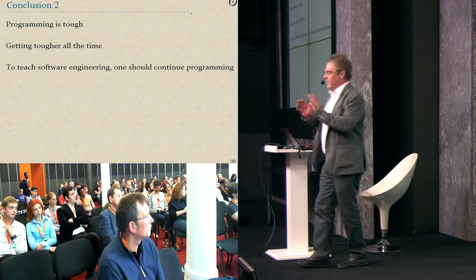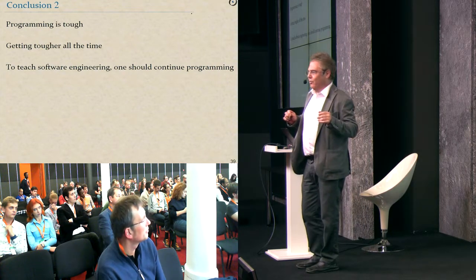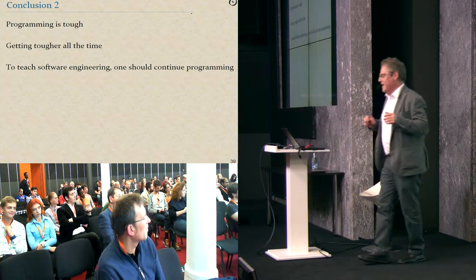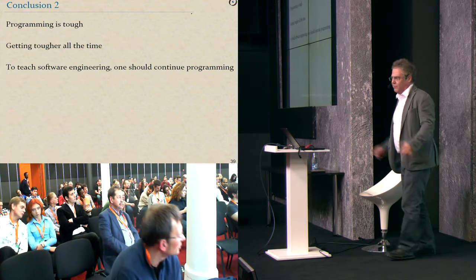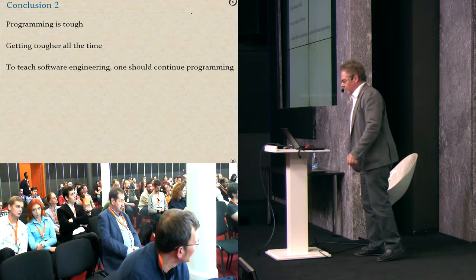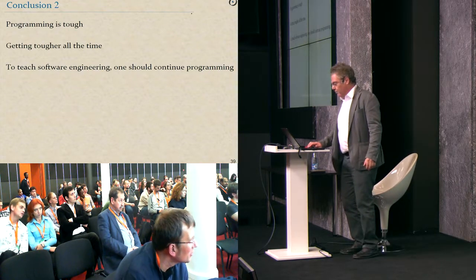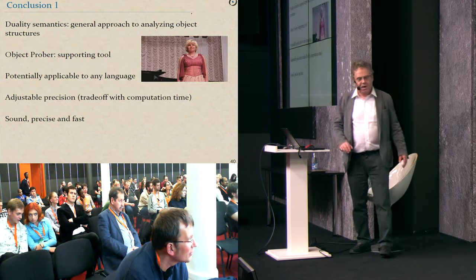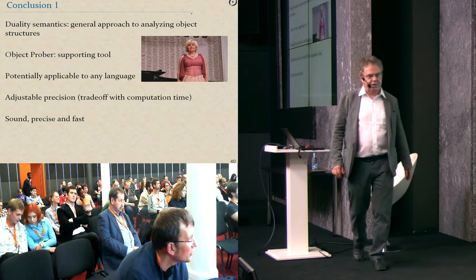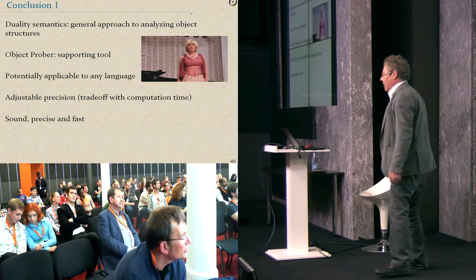Drivers are only like 1% of the employees of the Formula One organization. It's about the same thing, right? Yes, programming is a small part, but in the end, that's what it comes down to. And yeah, it's not absolutely clear to me who are the crazy ones.